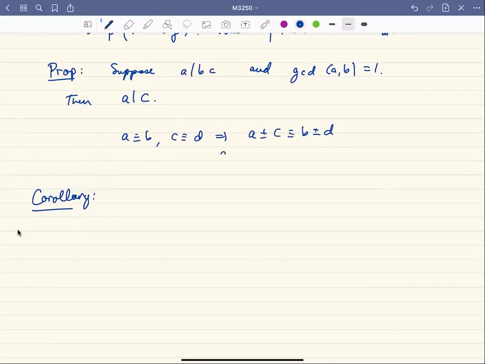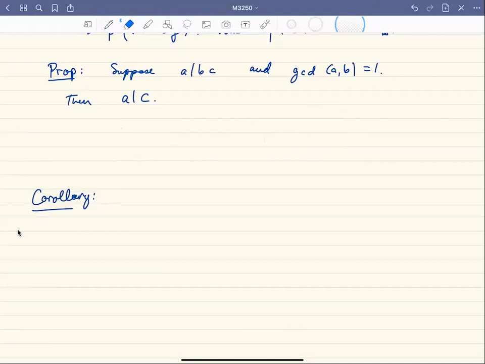And likewise, ac is congruent to bd mod m with that same modulus. So congruences behave like equality signs for certain operations like addition, subtraction, and multiplication. Division is much harder though.